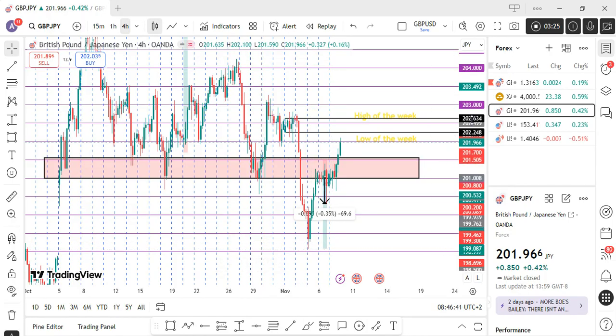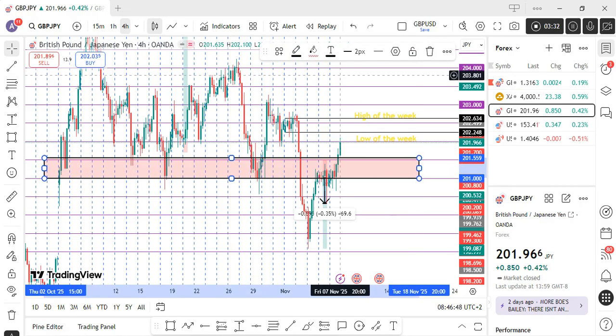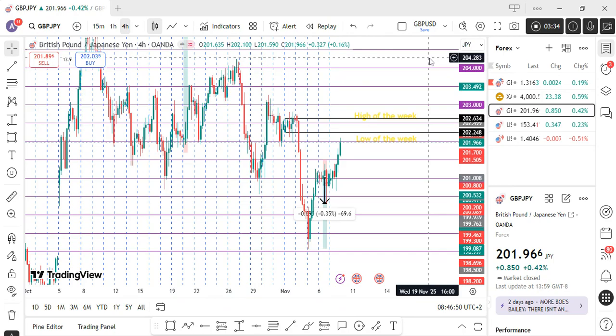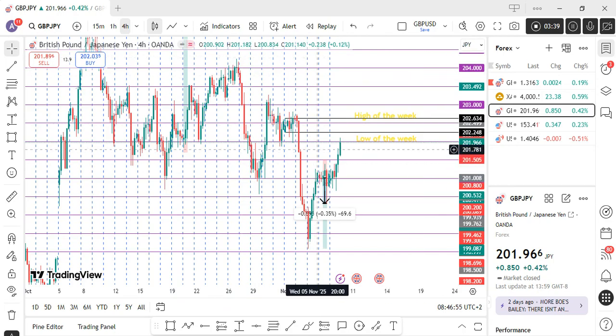So after marking the high and low of the week, you can clearly see that price did 340 pip movement for the week that just closed. As much as price was doing the pullback, I see this as a pullback, because from the higher time frame, which is the 4 hour, price was going to retest this low of the week, which you can clearly see from the 4 hour.